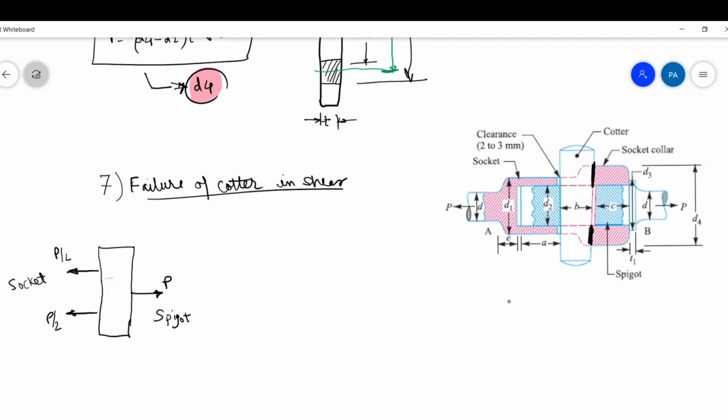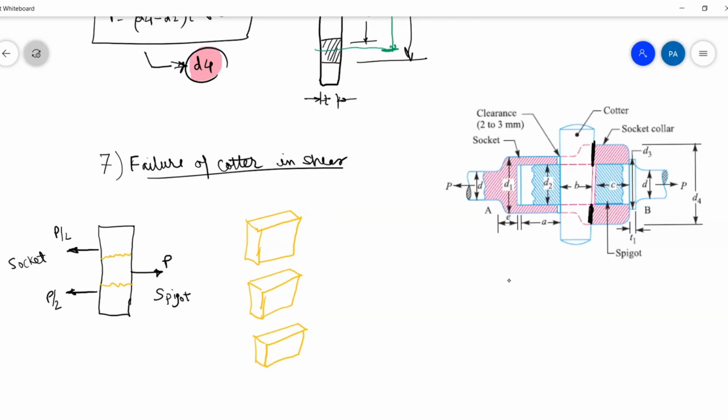The Spigot is pulling it in this direction and socket is pulling it in this direction. Because of this, what will happen? At this place and at this place, there will be failure of Cotter, and that will be failure in shear. So if I draw it like this in the 3-dimensional view, then you can see its failure something like this. How many places can we see the failure?